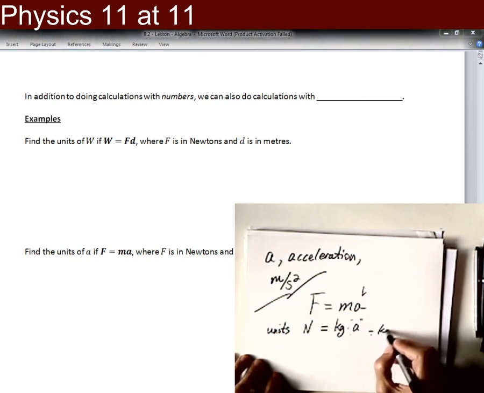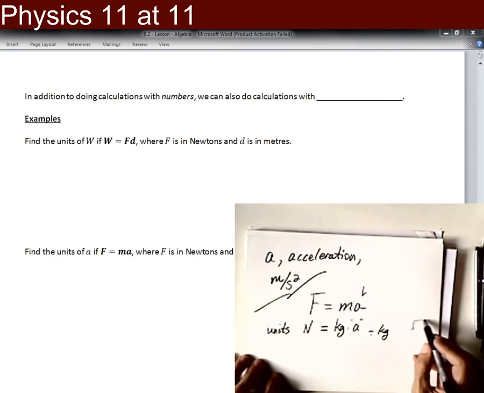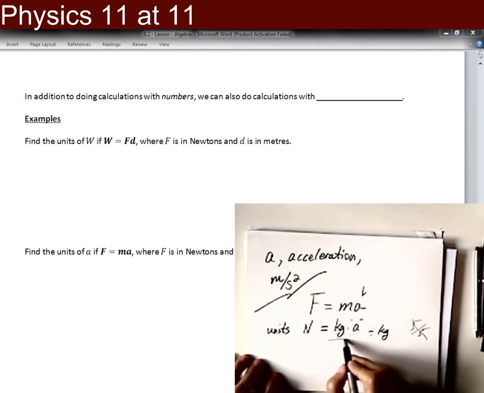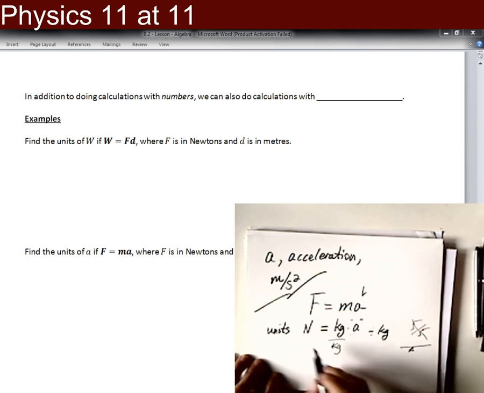So we divide by kilograms, because then we have kilograms on the top as on the bottom, so they'll divide out. And what you do to one side, you do to the other, so that the seesaw stays level, so that the equation stays equal.